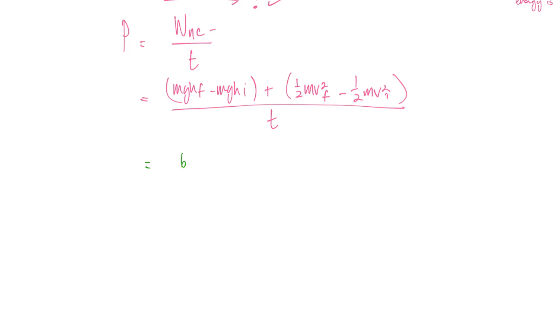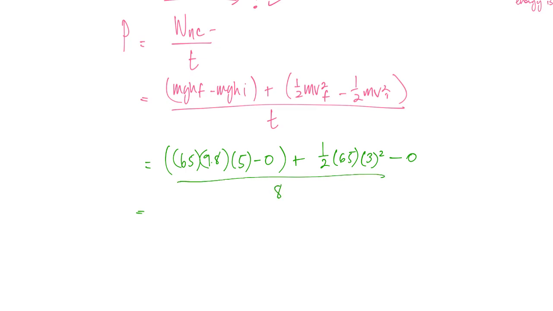So I've got 65 times 9.8 times 5 minus 0, plus half times 65 times 3 squared minus 0, all over 8, and that is 3185 plus 292.50, all over 8.